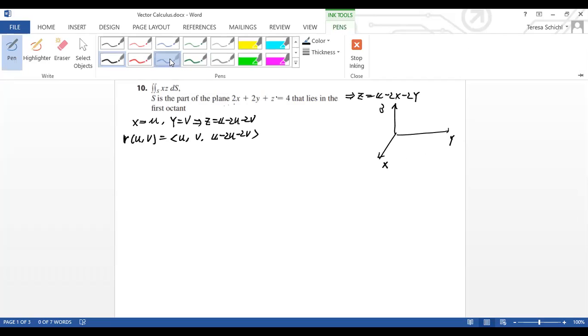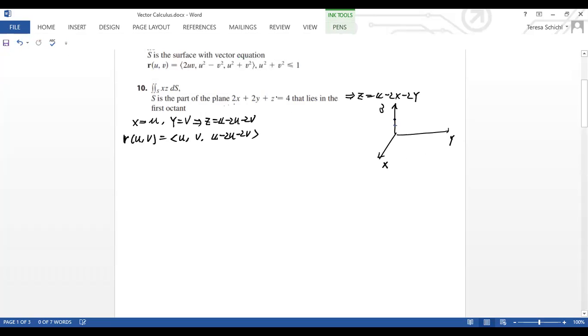If x and y equal 0, z equals 4; if y and z equal 0, x equals 2; and if x and z equal 0, y equals 2. So this triangle is the surface we're going to integrate over.